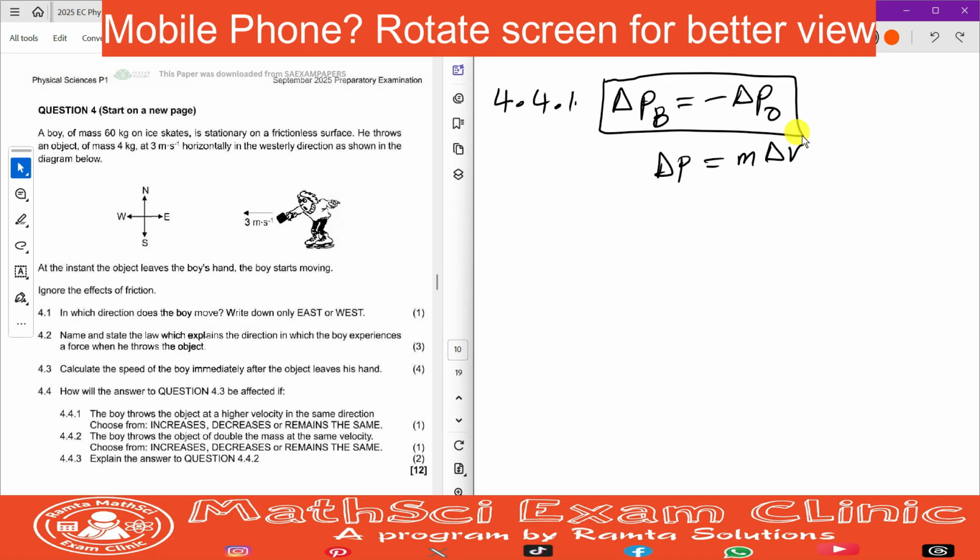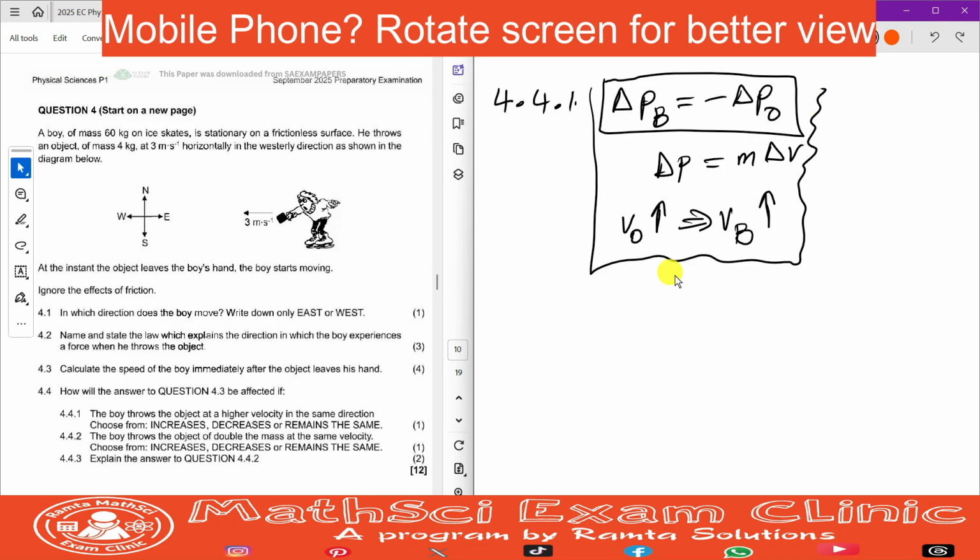The question said the boy throws an object at a higher velocity. So if velocity of the object is higher, this will imply velocity of the boy will also be higher because there is a direct relationship between the two. So our answer is increases.